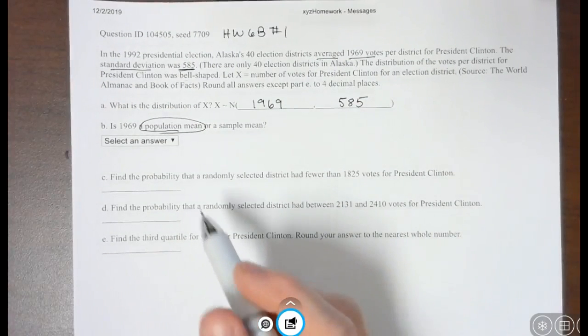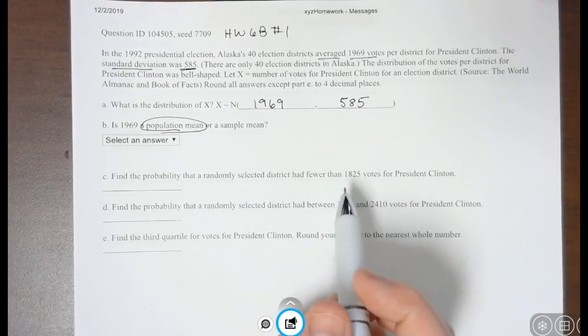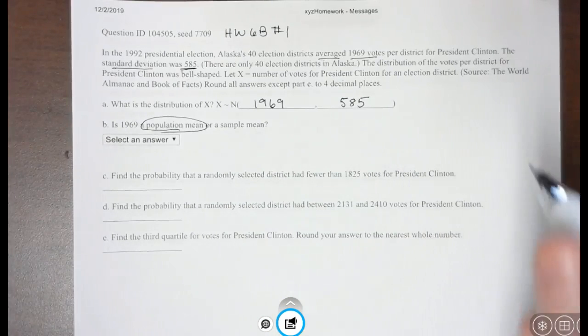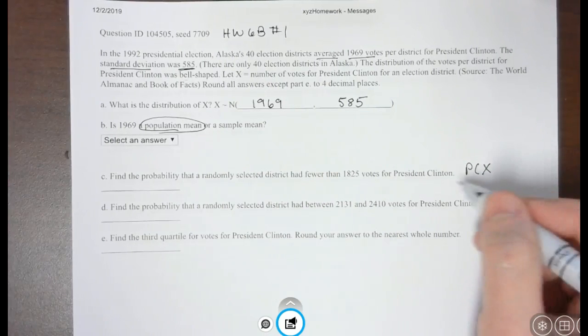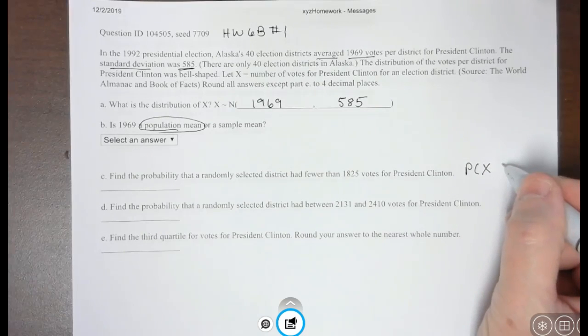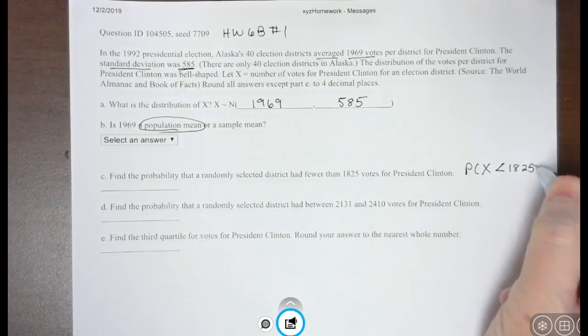All right, part C says, find the probability that a randomly selected district had fewer than 1,825 votes for President Clinton. So we're looking for the probability that our random variable, the number of votes for President Clinton, is, it said fewer than, so less than 1825.